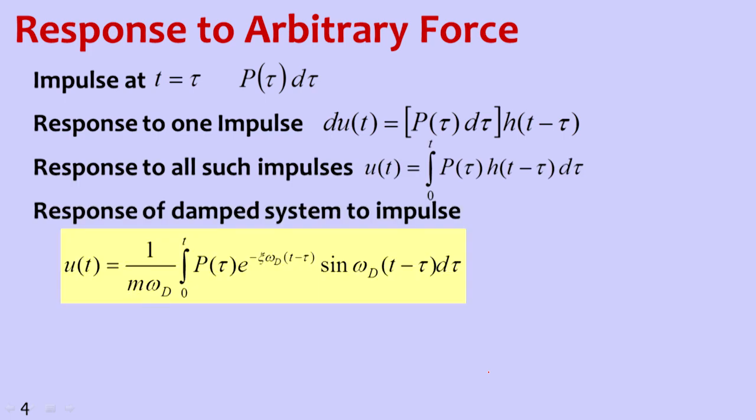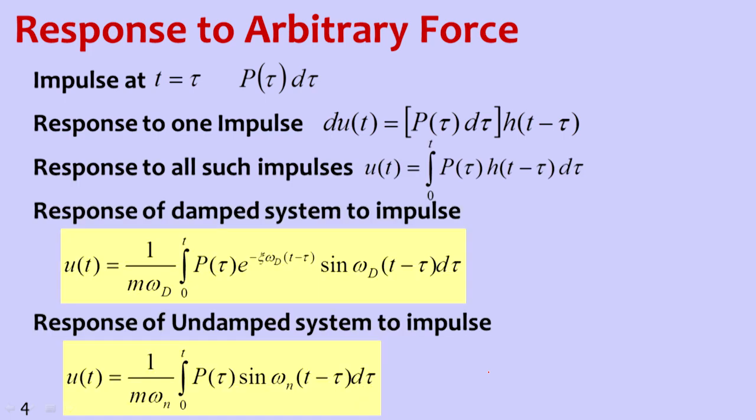The procedure is that we first find the impulse at every point and then the response due to each impulse. Before that, we find the response due to unit impulse. h(t minus tau) is the response due to unit impulse, and we multiply that with the impulse value at any point, which gives the response to one impulse.